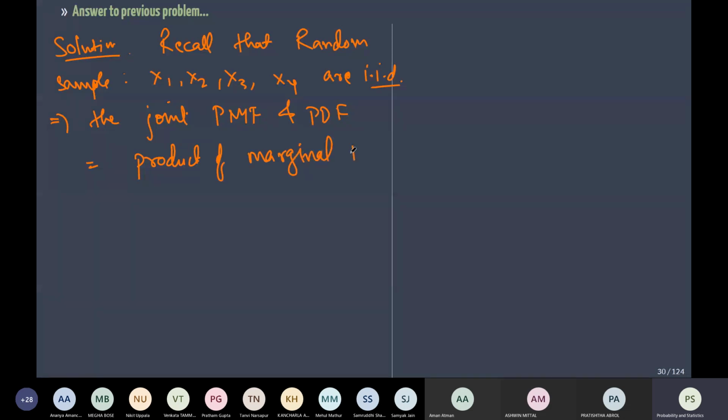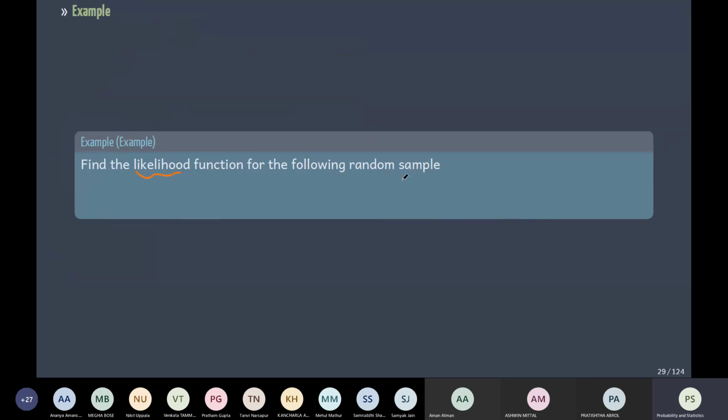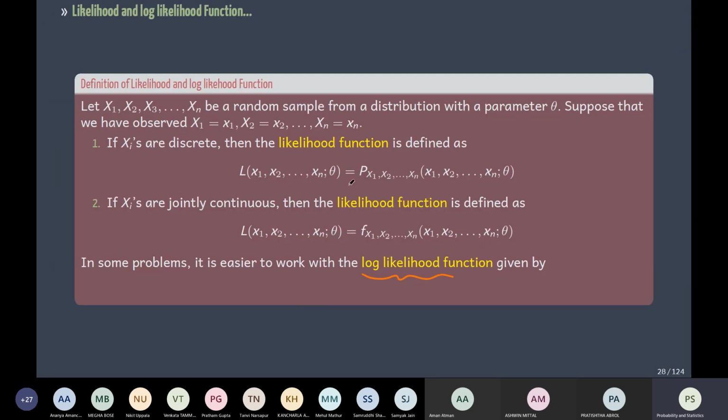The marginal PMF and PDF respectively. You don't have to multiply the PDF and PMF together. Remember that in the likelihood function we need a joint PDF, so essentially it's about finding the joint PDF, that's it.